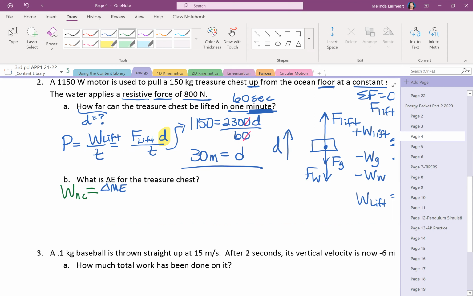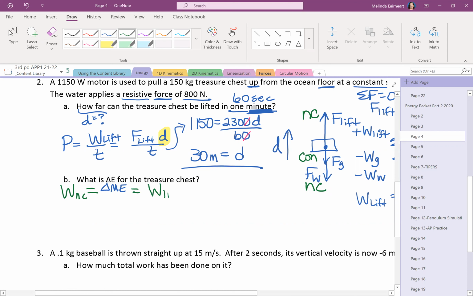Lift force would be conservative or non-conservative? Non. What about gravitational force? Conservative. And what about the force of water, the resistive water force? Non-conservative, okay?